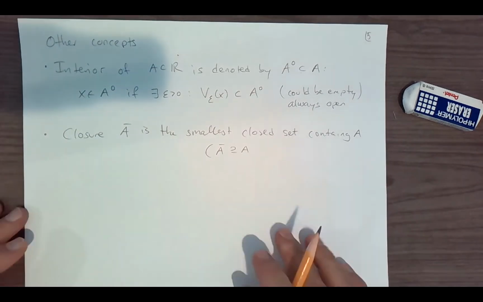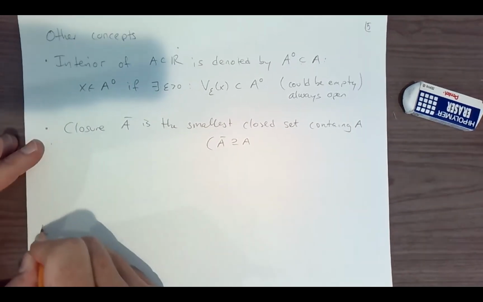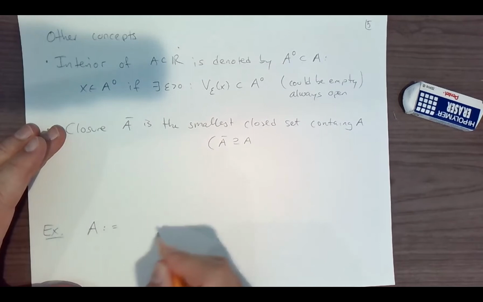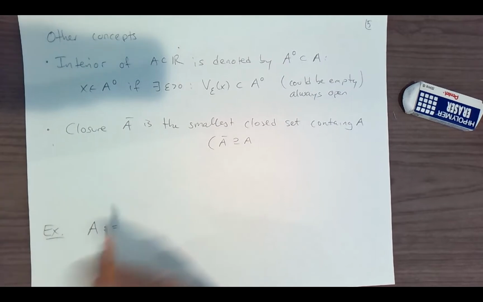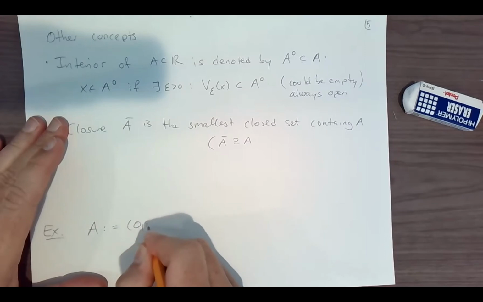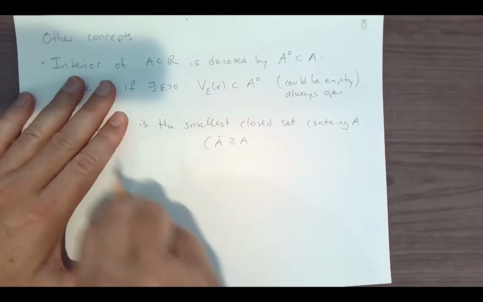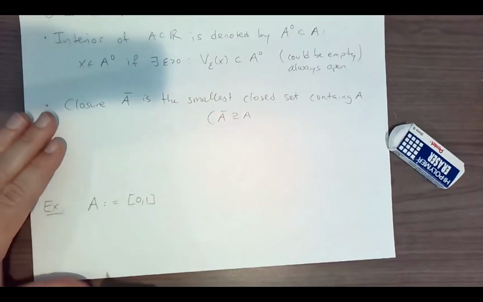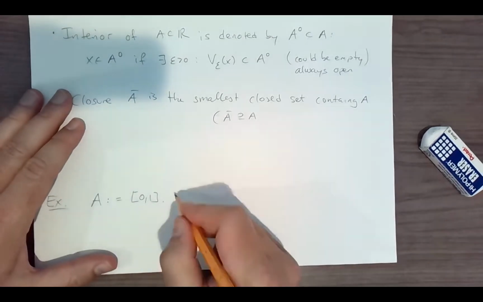So maybe we should look at an example. There's one more concept here, so leave a little space on your paper. Say I take A to be the interval from 0 to 1, including 1.